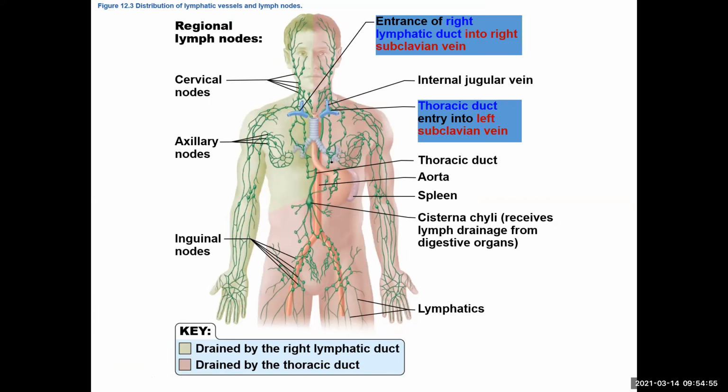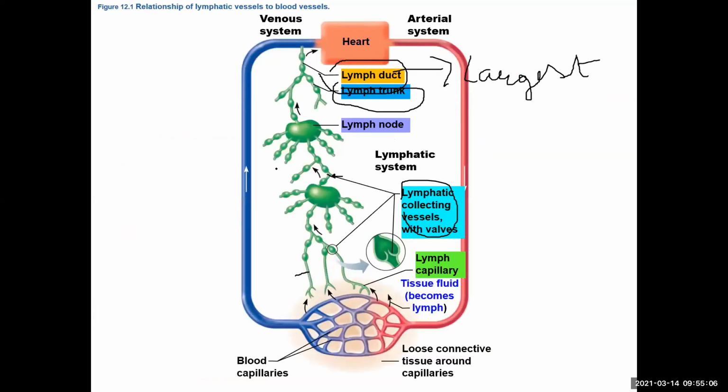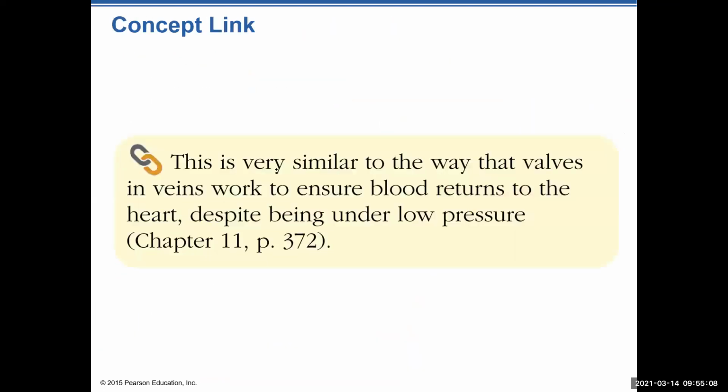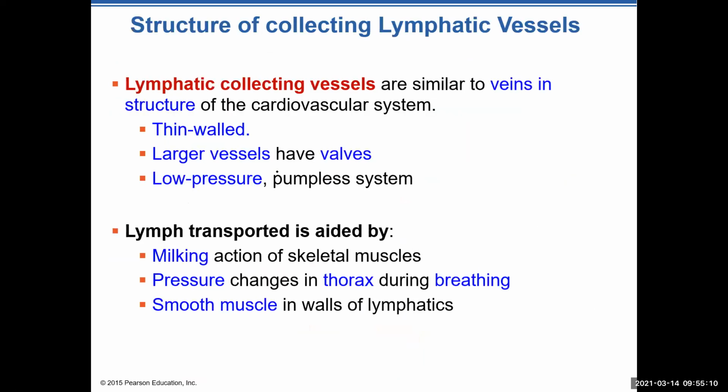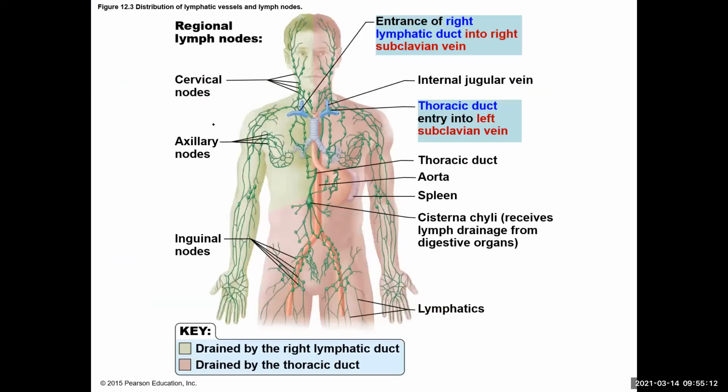Remember that one is called the right lymphatic duct. So on the right hand side, this is the right lymphatic duct, which will bring the lymph. Anyways, there's a right lymphatic duct.